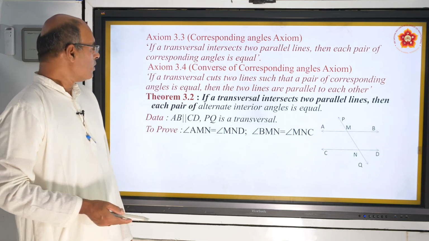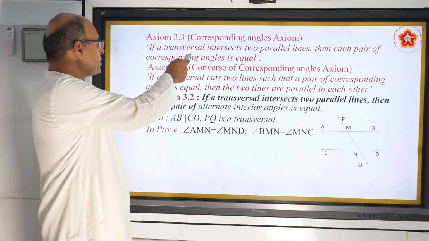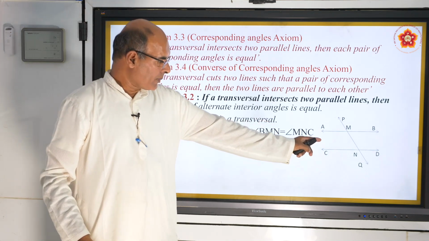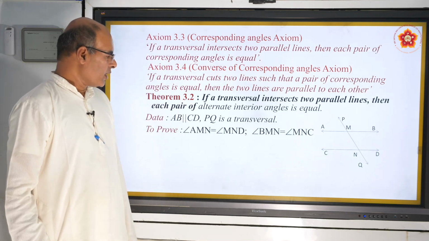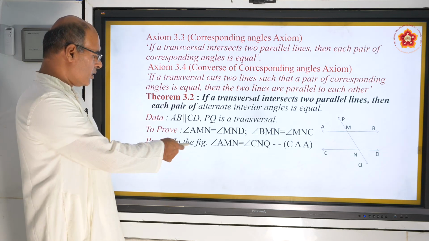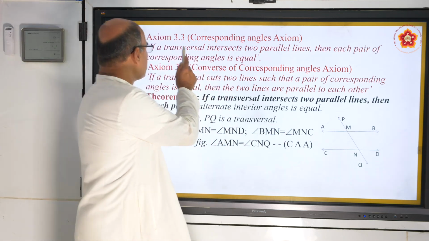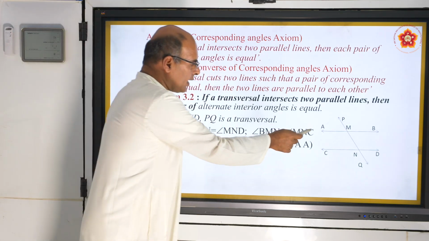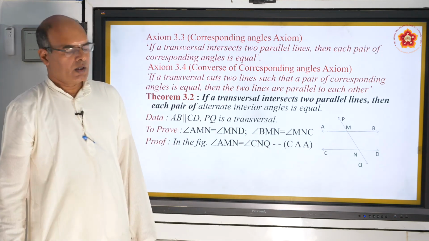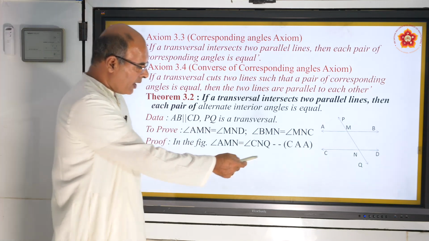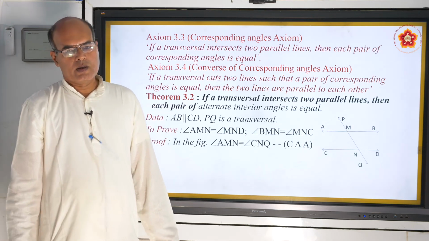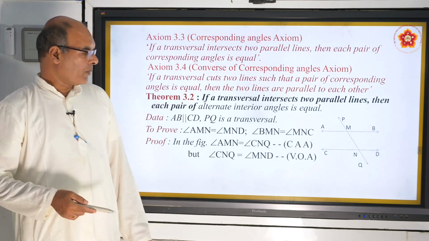So remember axiom 3.3: if the lines are parallel, then the corresponding angles are equal. Let us take a pair of corresponding angles in the proof. According to axiom 3.3, angle AMN is equal to angle CNQ. But in that figure, angle CNQ is equal to angle MND. Why? They are vertically opposite angles.